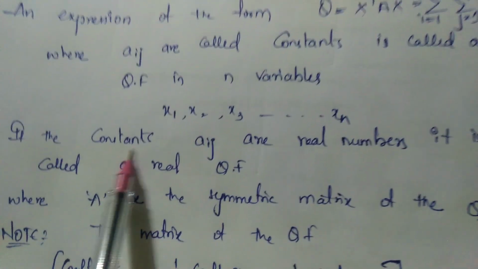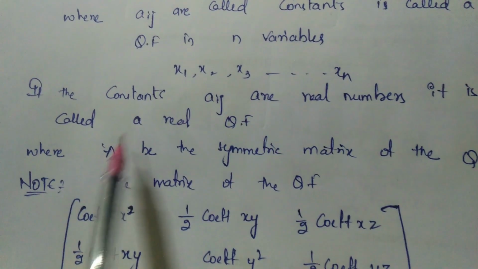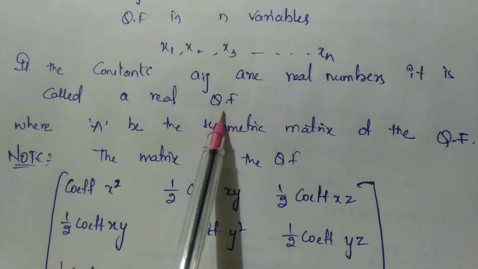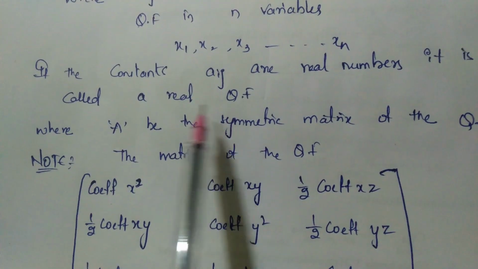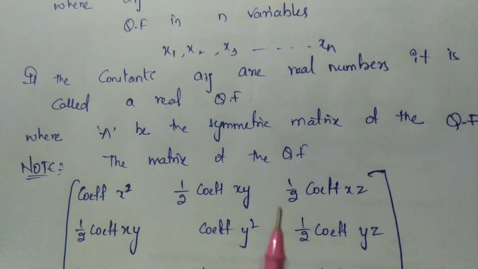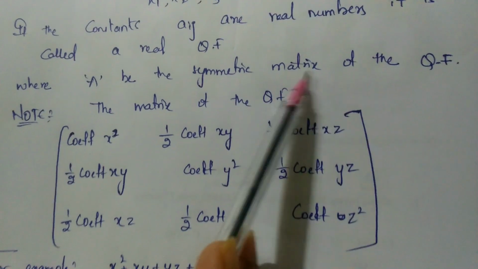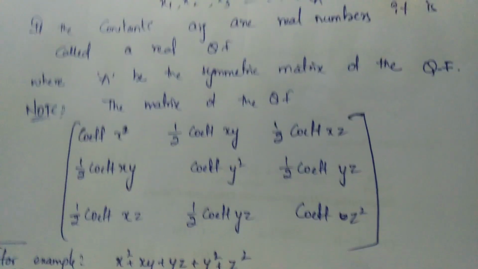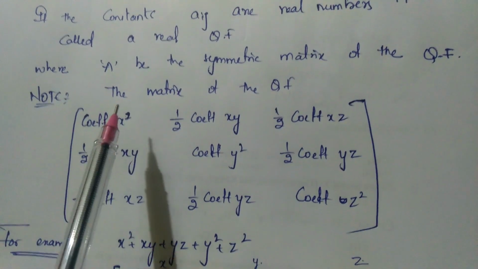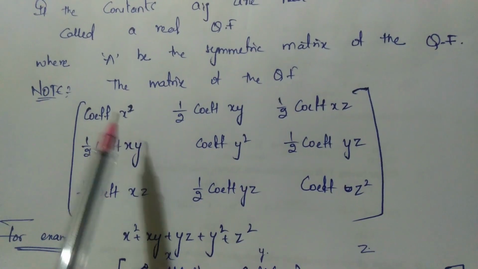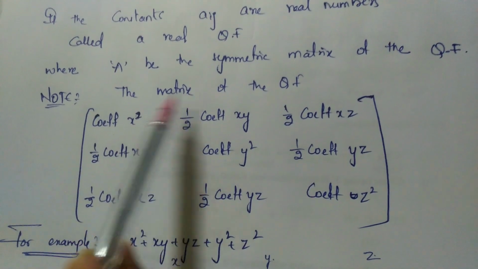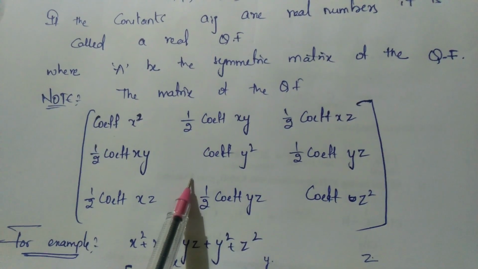So if the constants aij are real numbers, it is called a real quadratic form. If they are imaginary, then we call it an imaginary quadratic form. And A is the symmetric matrix of the quadratic form. So here A is always a symmetric matrix. Here if you see the note, the matrix of the quadratic form will be of this form.